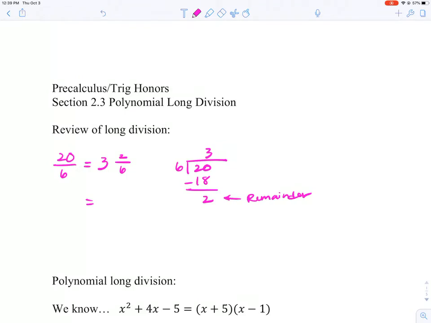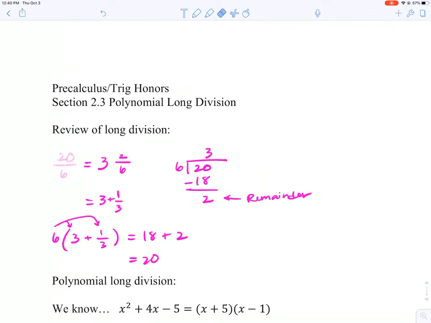And the 2/6, you guys know, simplifies to be 1/3. And again, 3 1/3, remember, would be the same as 3 plus 1/3. So we could say that 6 times 3 plus 1/3 would be equal to, if we distribute, 18 plus 2, which is 20.